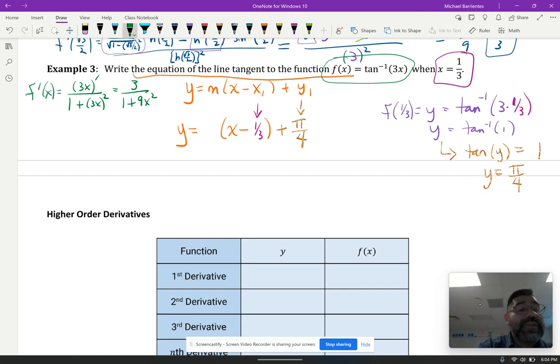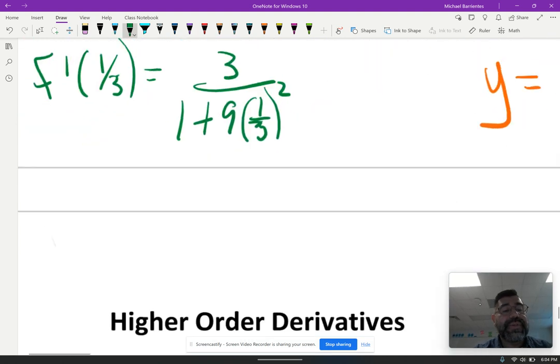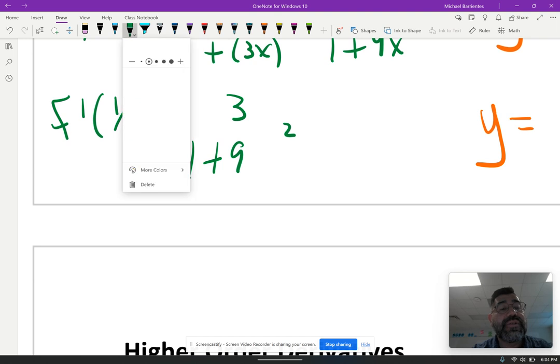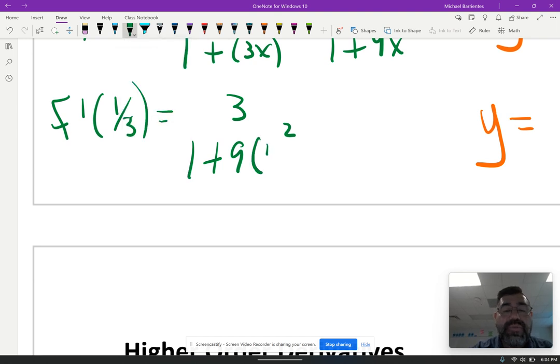Oh, except I want the derivative at 1/3. And at the beginning, you're thinking, oh my gosh, we're going to have to substitute a fraction into a function that's already a fraction. That's going to be terrible. Except, if I zoom in, and that's supposed to be a 3. Let me try to erase it here. And it's not erasing. Oh, there it erased. It erased again. It erased too much. 1 over 3, and all of this was under, yeah?